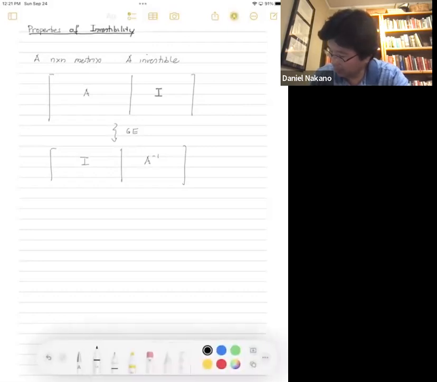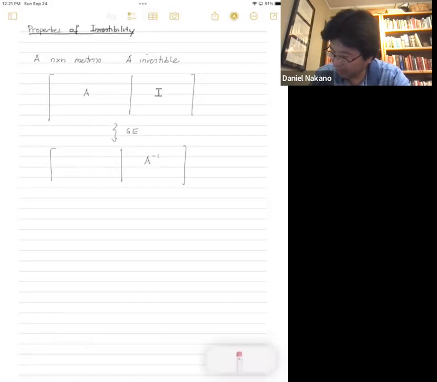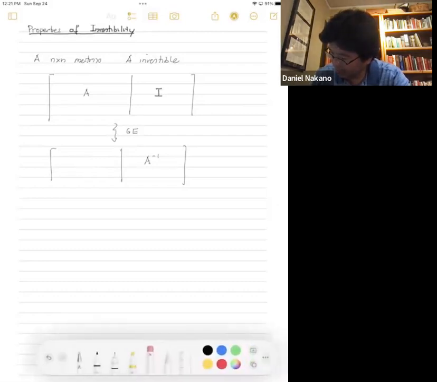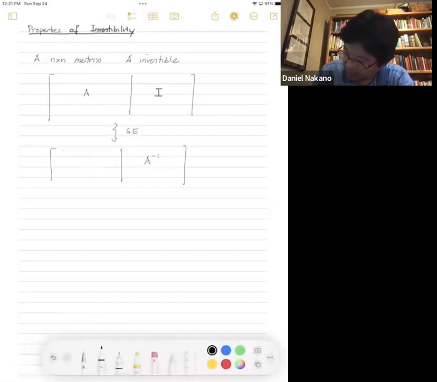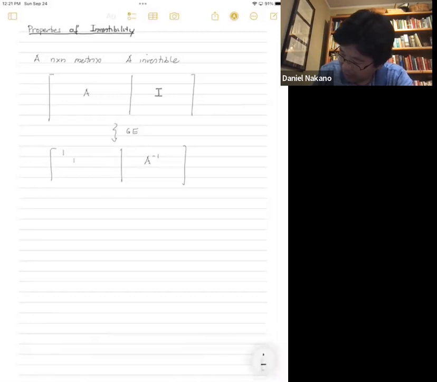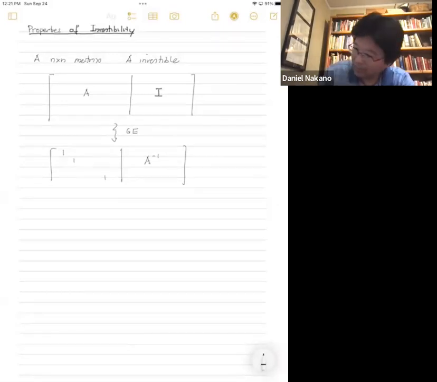So let me write out the identity more clearly here. What does the identity matrix look like? It has ones all the way down the diagonal. So what that means is that you have to have n pivots. I mean, if you don't have n pivots, then the game is over. You can't do this procedure.